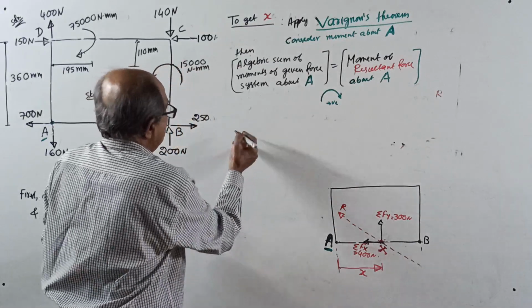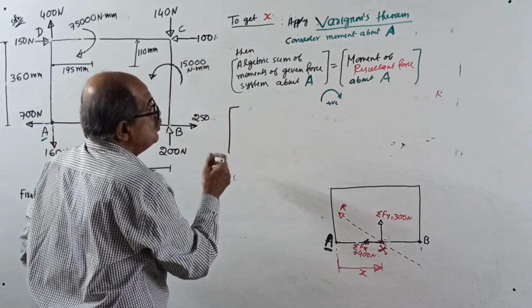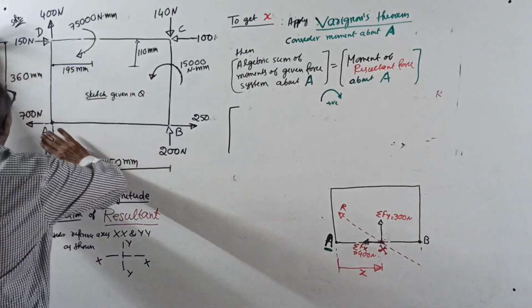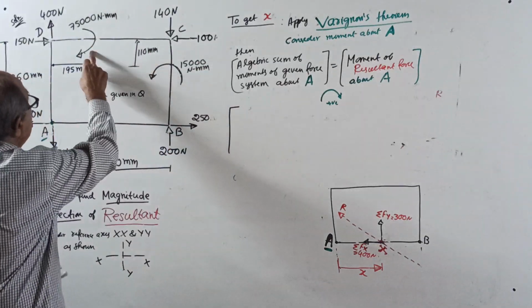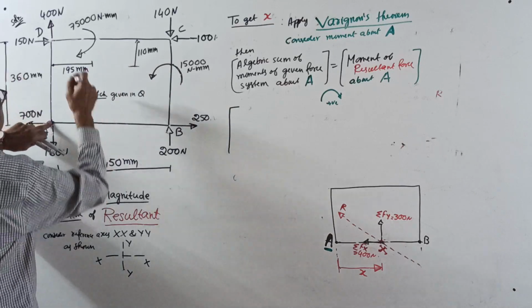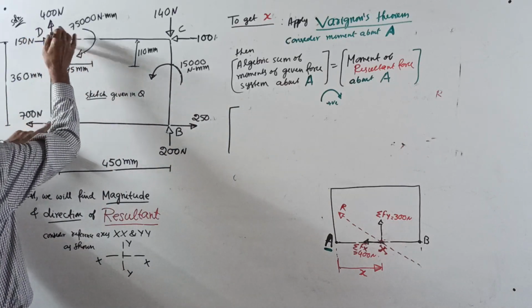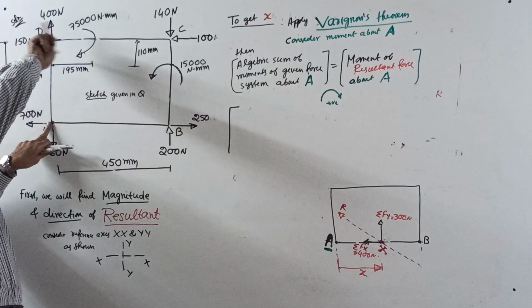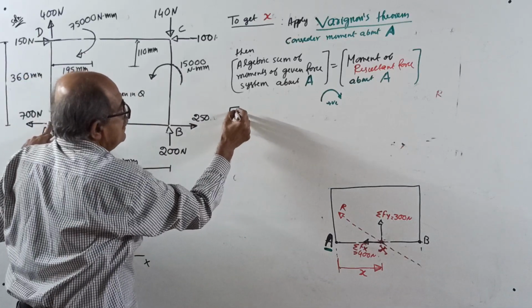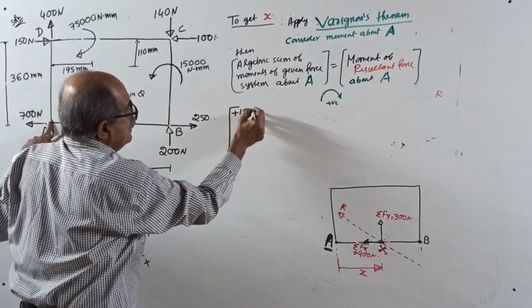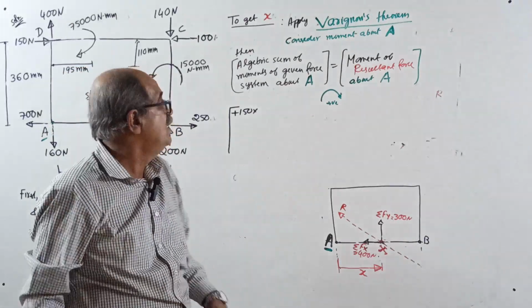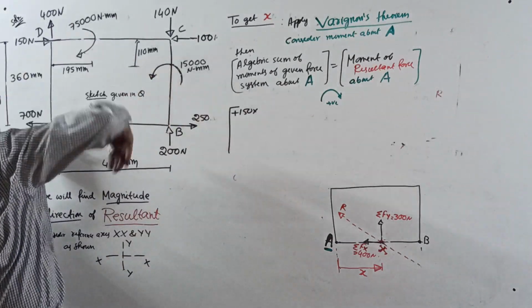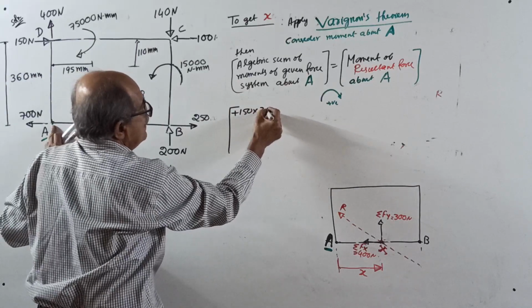Now start. Left hand side. Now I should not explain because how to find moment I thoroughly explained. Couple I will tell you later. So start. Moment about A. Start from here. 150 into 360 clockwise. Sorry, not explaining. Because why? One class, how much I explained moment calculation. So clockwise 150 into 360.